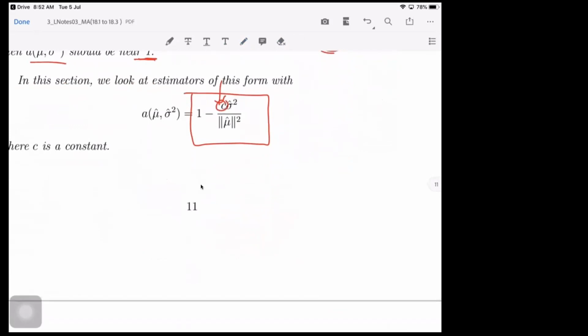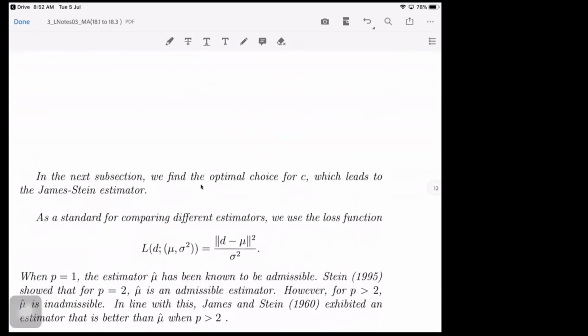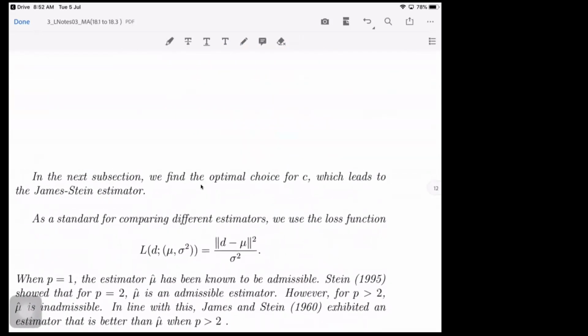So the James-Stein estimator will have this form. Always remember this: 1 minus C sigma squared over the square norm, or the length, of mu hat. In the next subsection, we find the optimal choice of C, which leads to the James-Stein estimator.